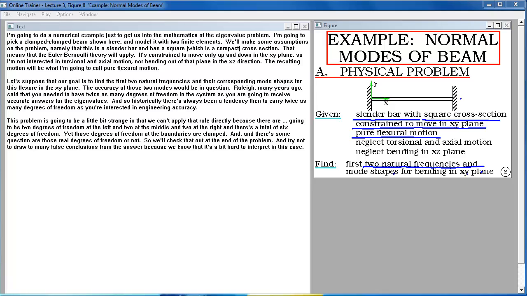This problem is going to be a little bit strange in that we can't apply that rule directly because there are going to be 2 degrees of freedom at the left end, 2 at the middle, 2 at the right, and there's a total of 6 degrees of freedom. Yet those degrees of freedom at the boundaries are clamped, and there's some question, are those real degrees of freedom or not? So we'll check that out at the end of the problem and try not to draw too many false conclusions from the answer, because we know that it's a bit hard to interpret in this case.